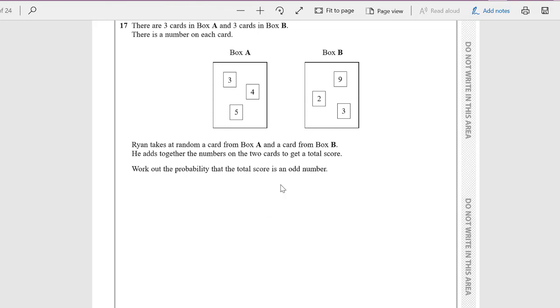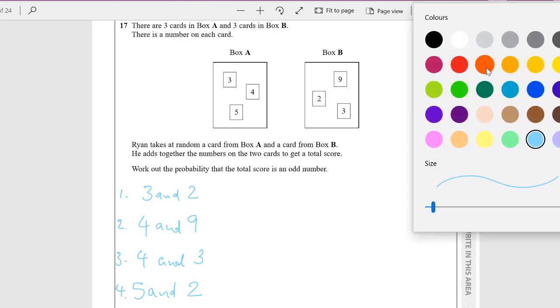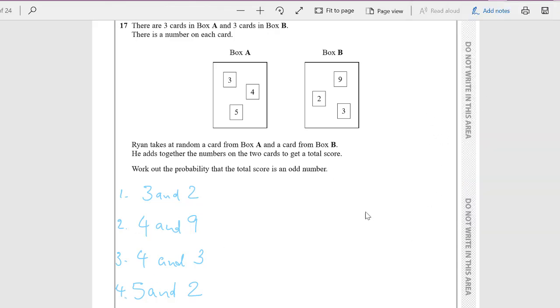Okay, so there are going to be 4 ways of getting an odd. In this case, if he picks out 3 and 2, or 4 and 9, or 4 and 3, or 5 and 2. Okay, so 4 ways that he can get an odd. So then let's think about all the possibilities.